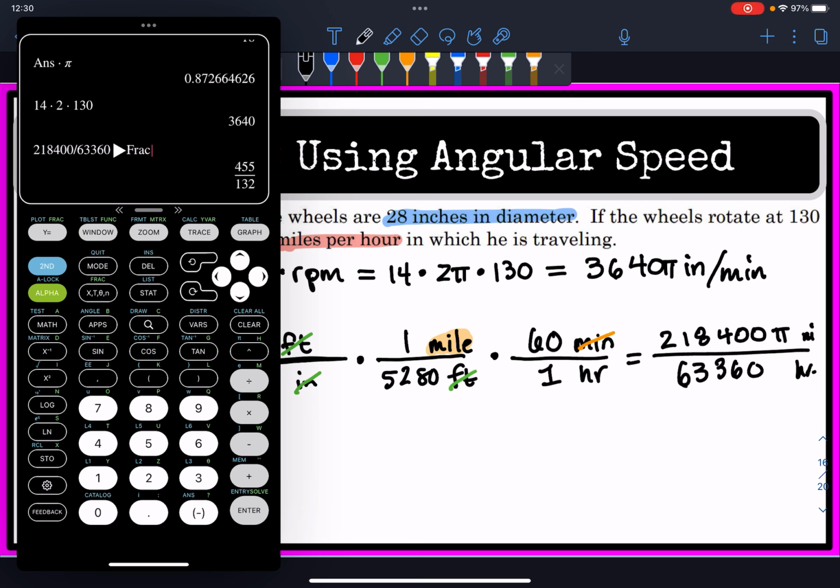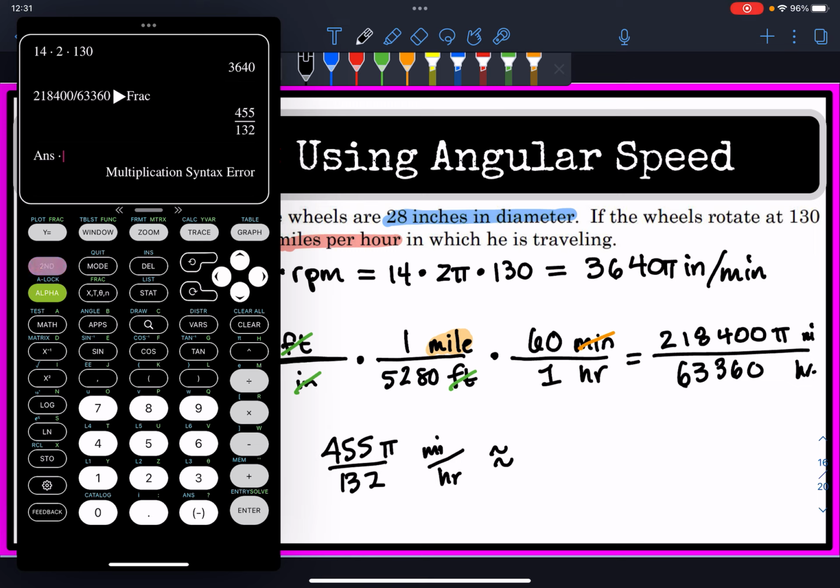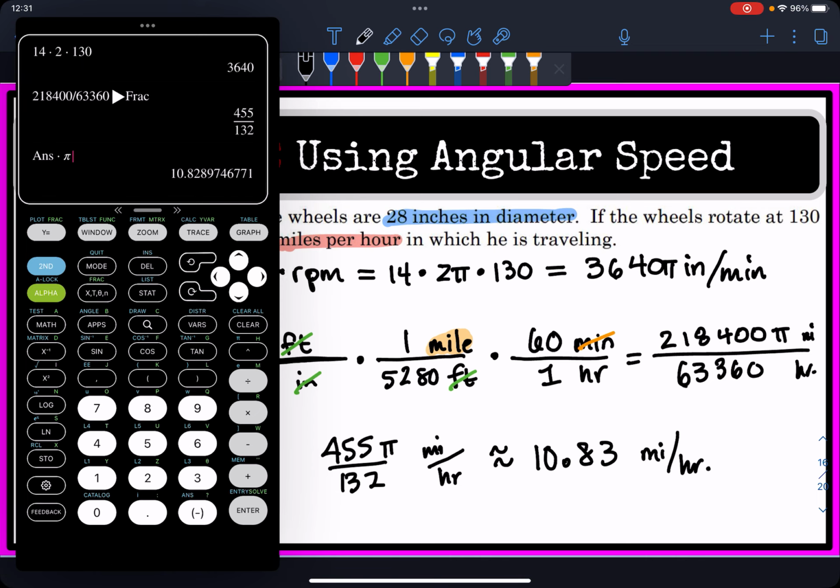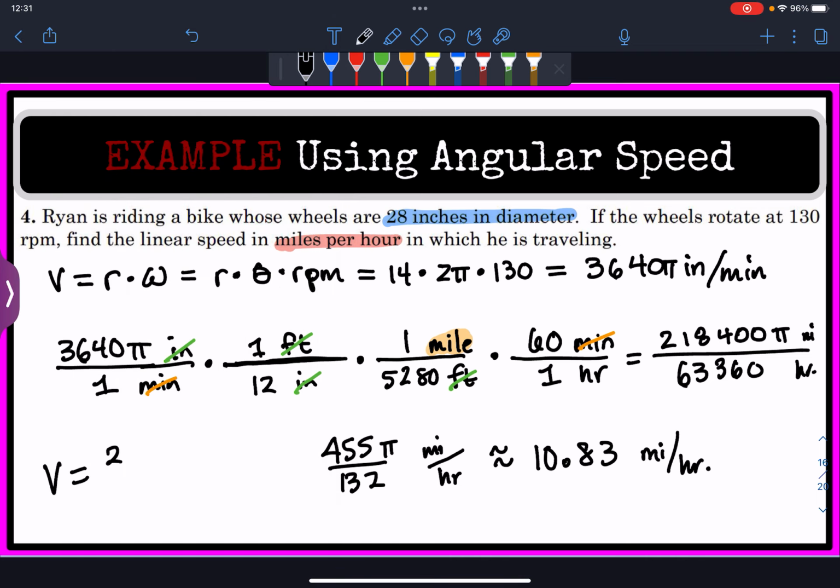So that converts to 455 pi over 132 miles per hour, which when we multiply by pi, let's see what that is. That's approximately 10.83 miles per hour. Okay, and there you have it. So that's how you figure out your linear speed using your angular speed.